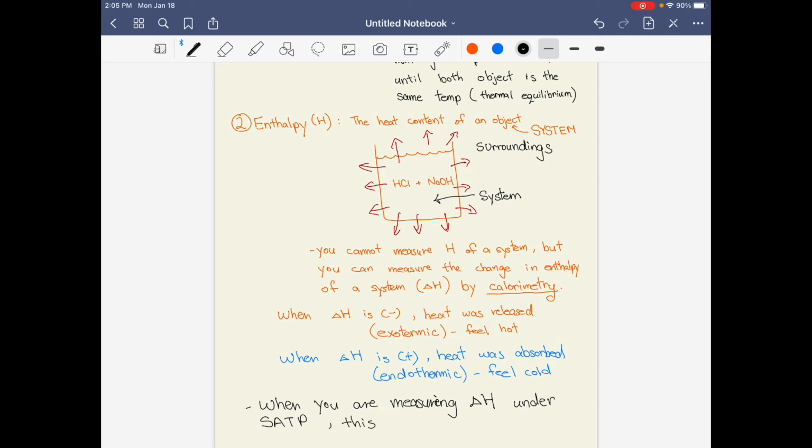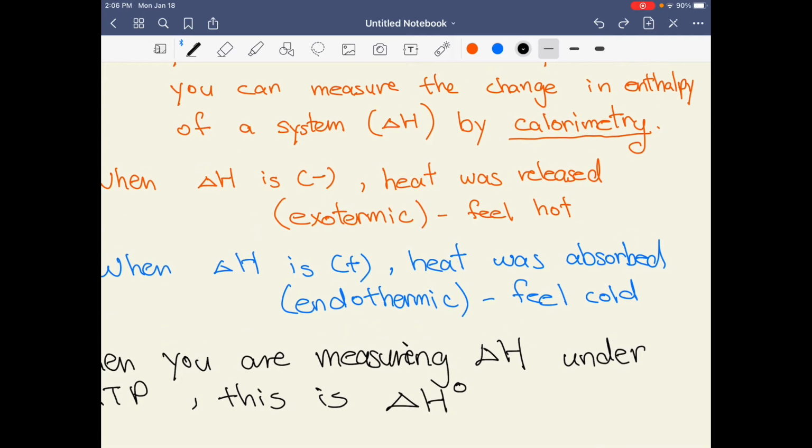This is known as delta H naught. Okay? This little naught right here looks like a degree sign with a slash. Let me just blow this up and draw a little slash right here. Usually it looks like this.